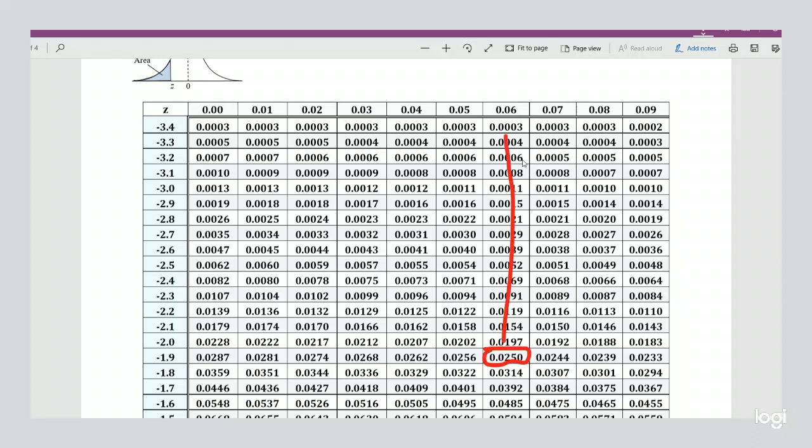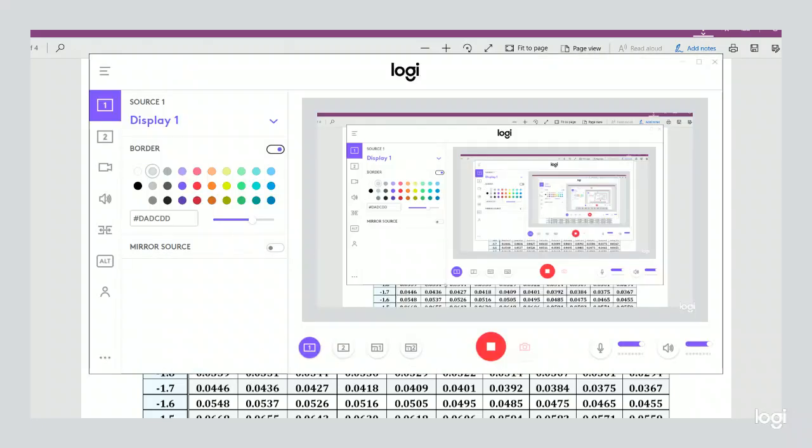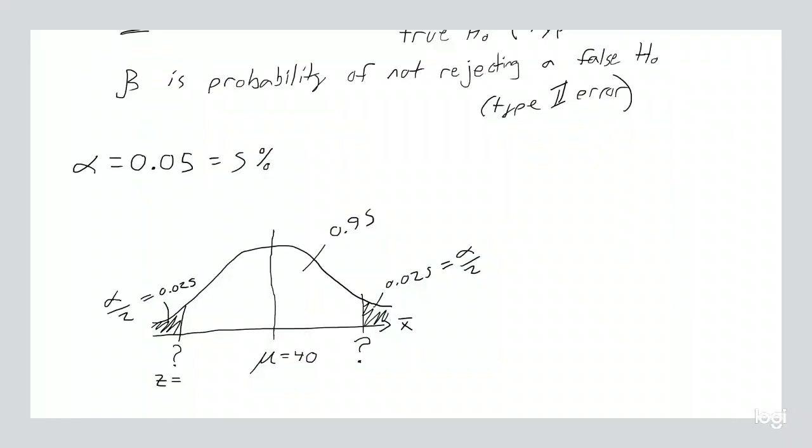So that gives us the Z value of negative 1.96. And then we know that upper cutoff will be a positive 1.96 because of symmetry.